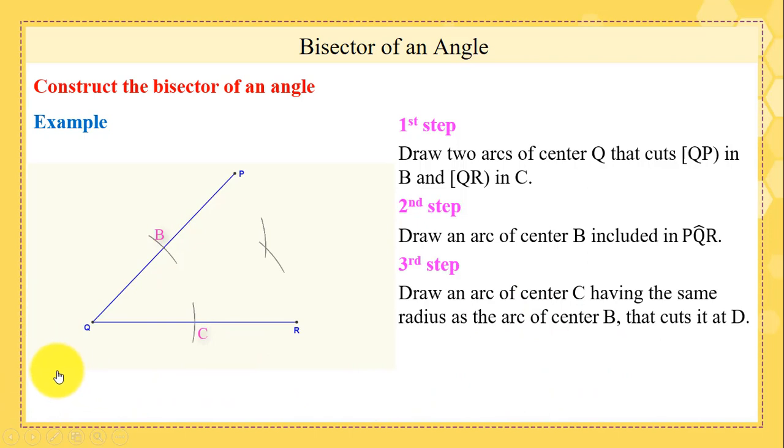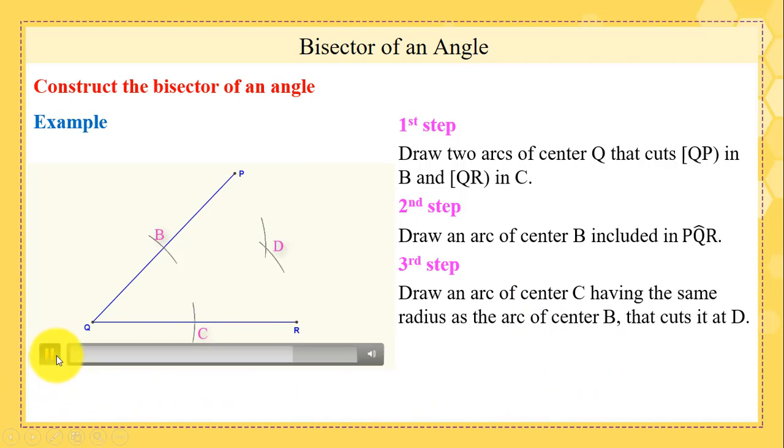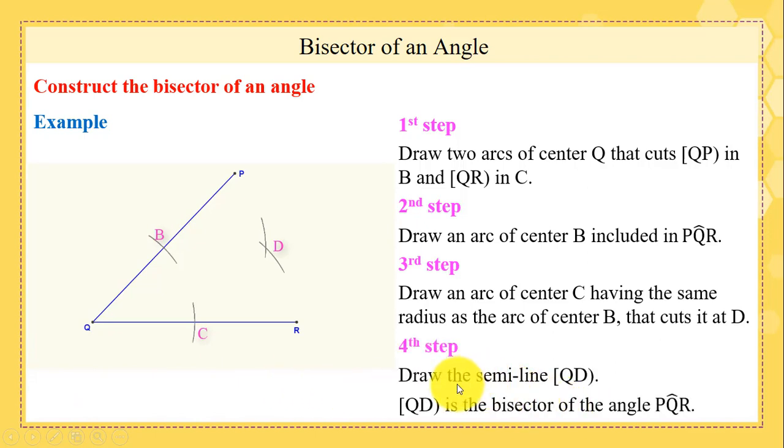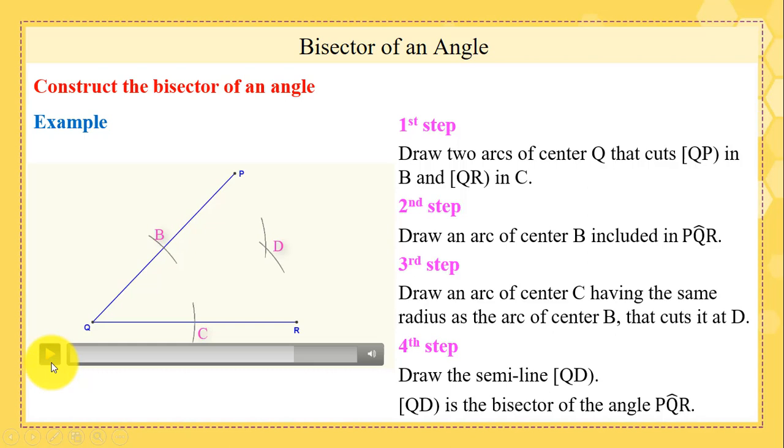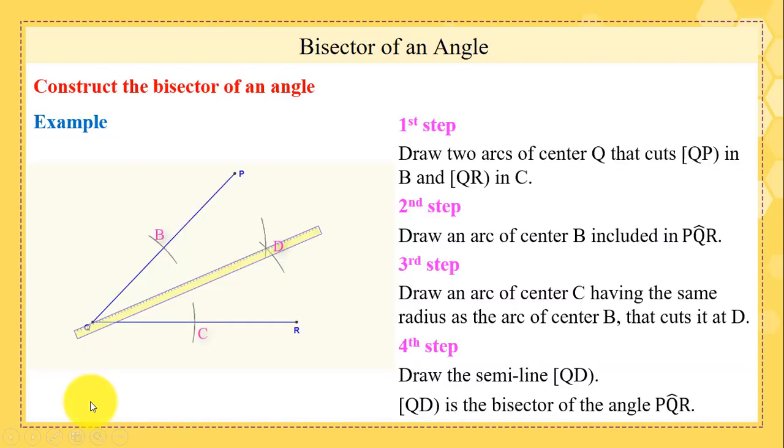The intersection of these two arcs is the point on the bisector. Let's name it D. Fourth step, draw the semi-line QD. QD is the bisector of angle PQR.